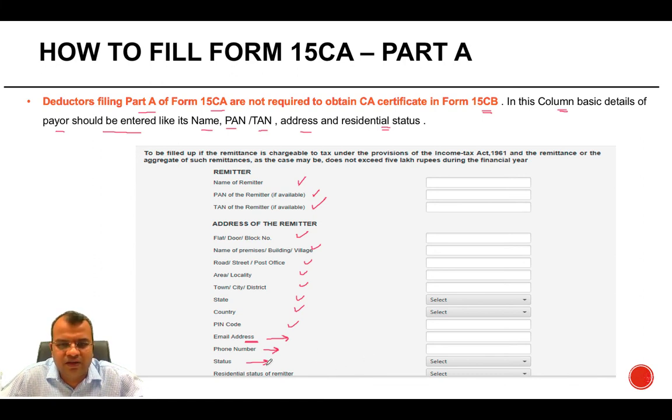Status would just mean whether it is a company or whatever, and the residential status of the remitter would need to be indicated here. Now, as I told you earlier, the liability to deduct tax under Section 195 is both with a resident who is making payment to a non-resident as well as a non-resident who might be making payment to another non-resident. So the nature of the remitter, whether he is a non-resident or a resident, has to be mentioned here.